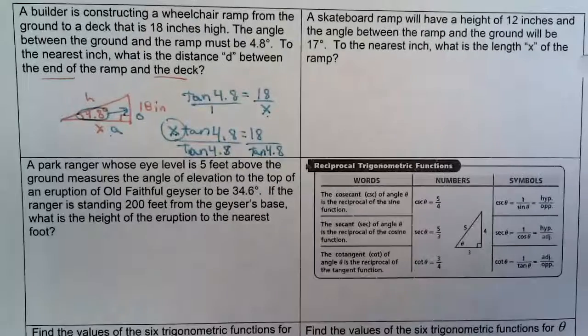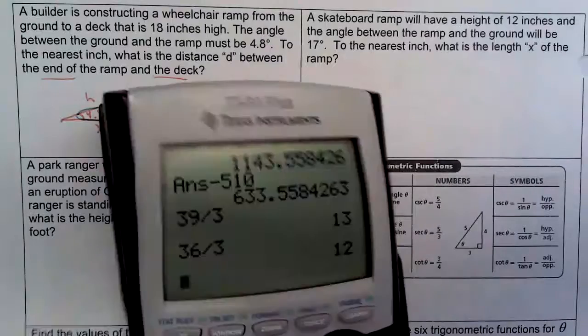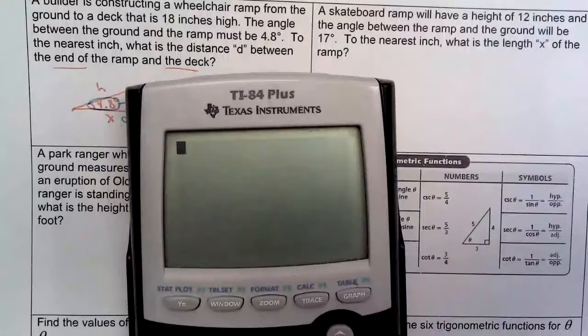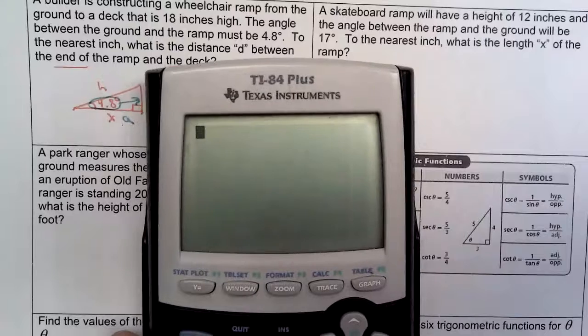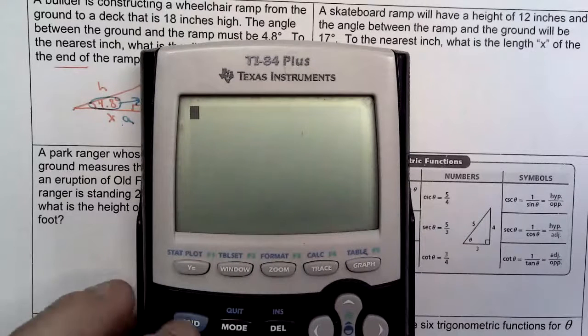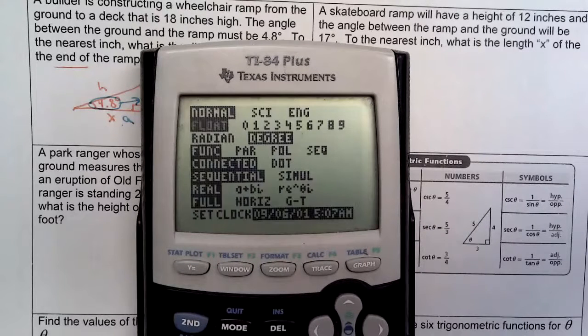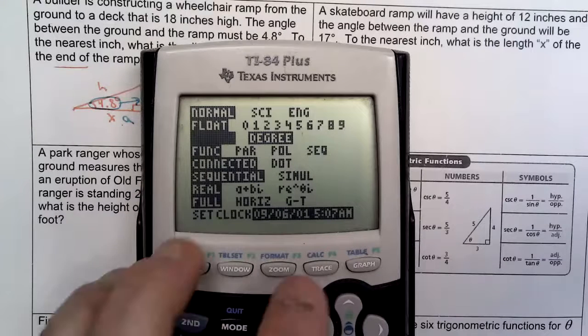Now, an important thing in your calculators: since this is pre-calc, remember last year, the last thing that we were doing in algebra 2 was doing trigonometry, and a lot of times we were in the radian mode.